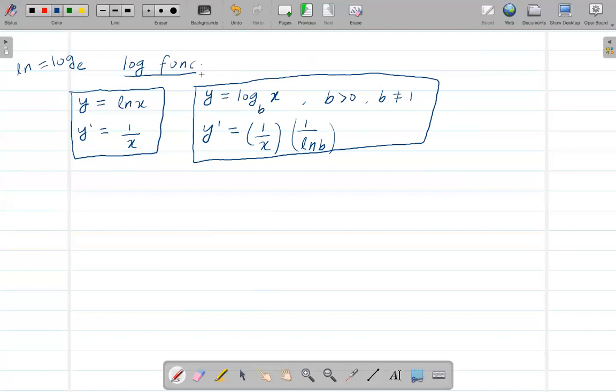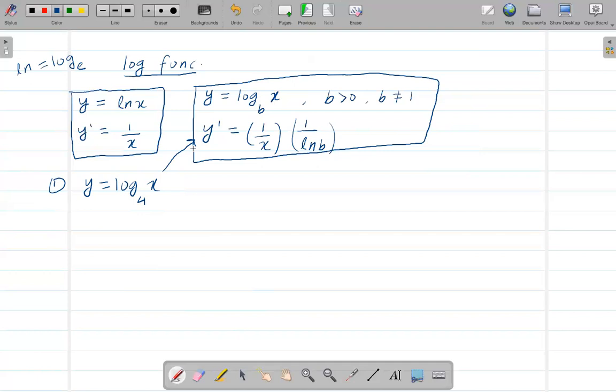All right. So using these things, now let's do a few examples here. So the first one, let's say we have y is equal to log base 4 of x. So here, now the base is 4, which meets these conditions, right?